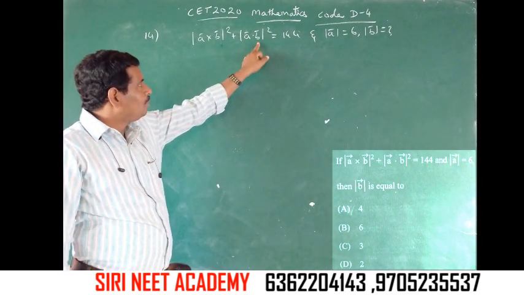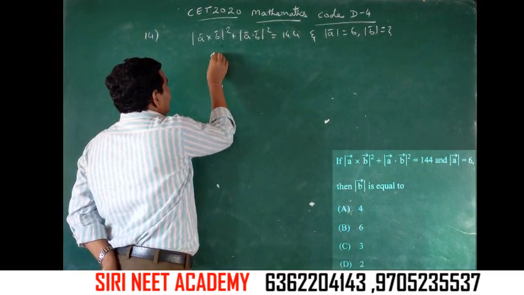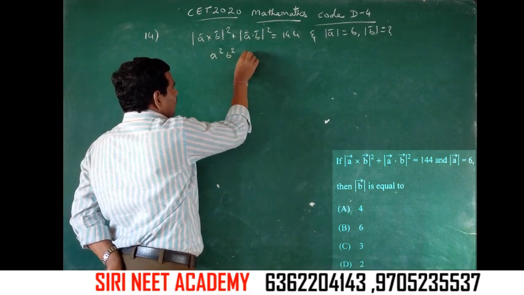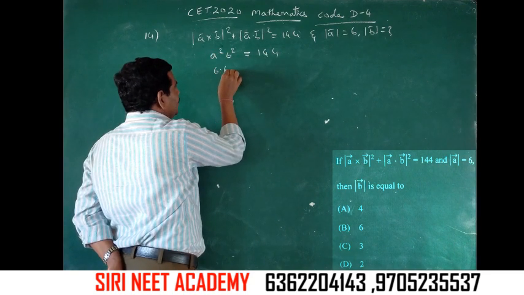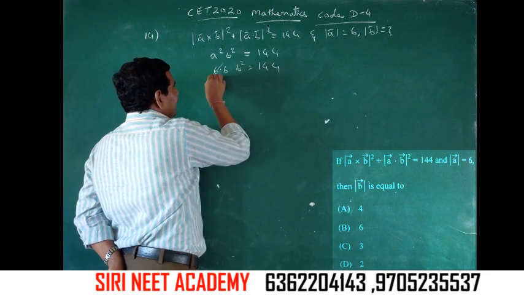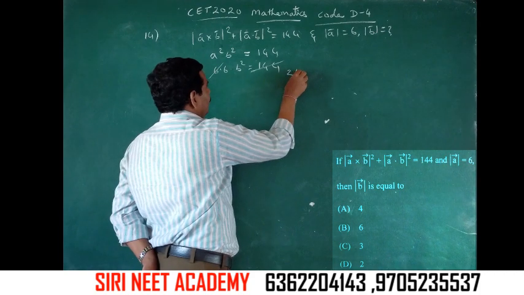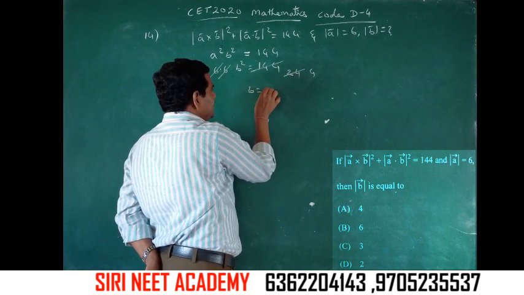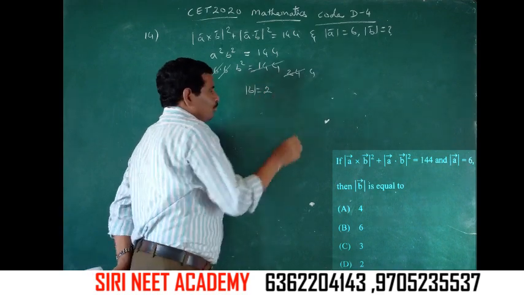And A dot B is mod A into mod B into cos theta. So squaring and adding, A square B square is common, remaining sin square plus cos square is 1, which is equal to 144. A square value is 6 into 6. B square is equal to 144. Cancel 6. 2 times 12, 24. 4 times. Again cancel 6. 4 times. So mod B is equal to 2.